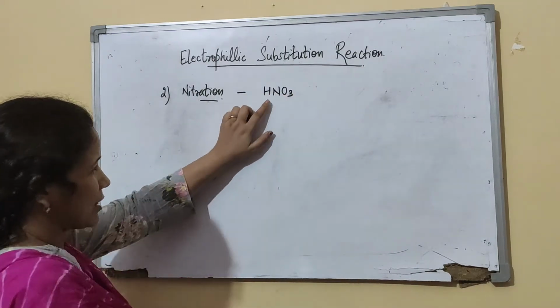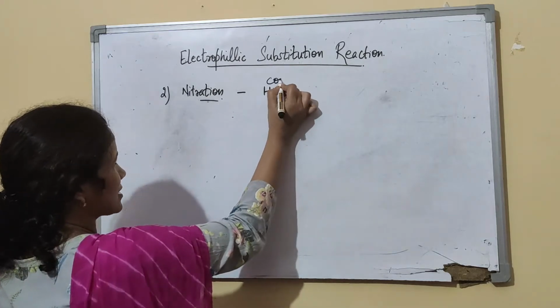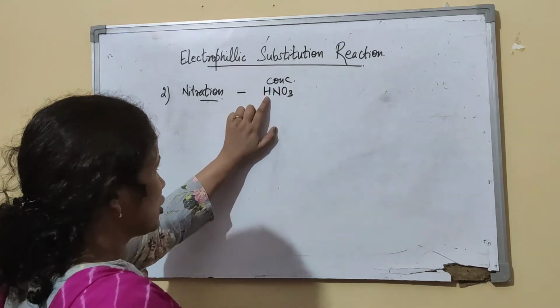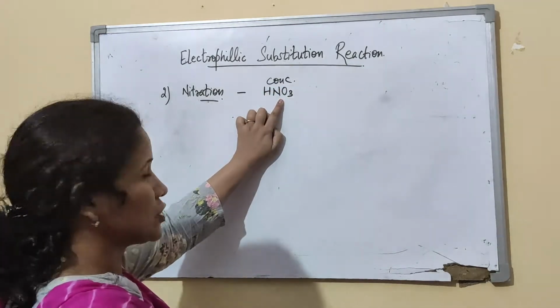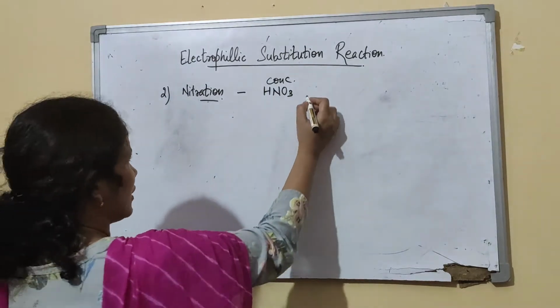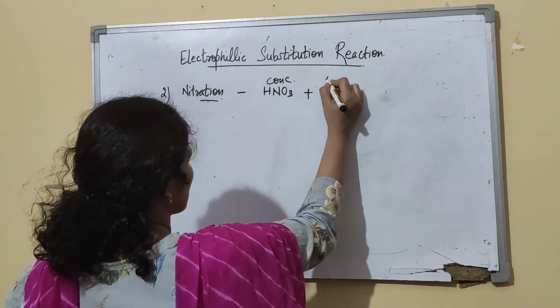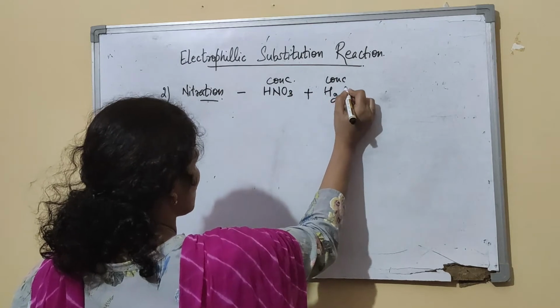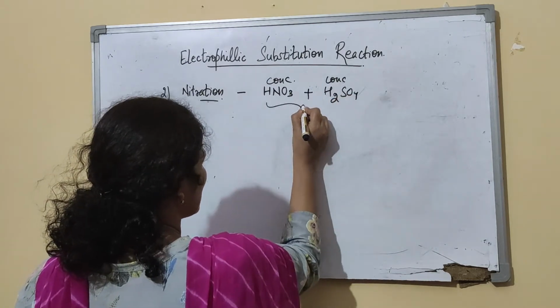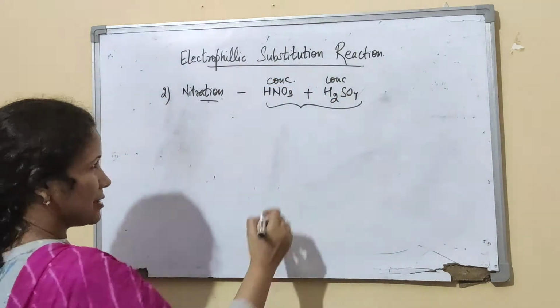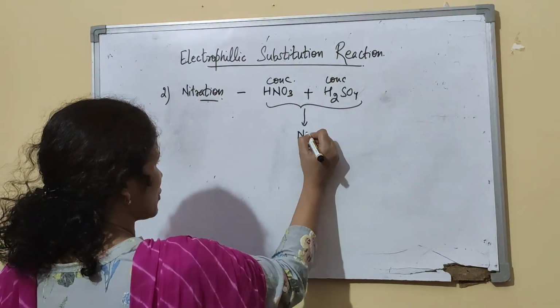So if you react only concentrated nitric acid, it will give you H plus and NO3 minus, which is not an electrophile. So what we do is, we react it with concentrated H2SO4. So we will always use this mixture, and the result is you get nitronium ion.